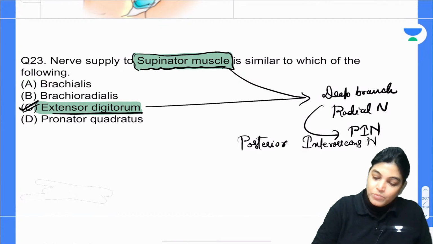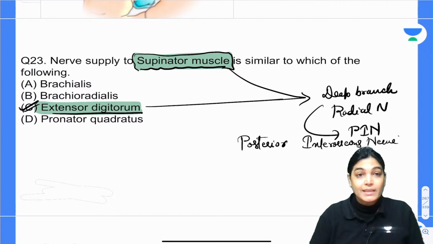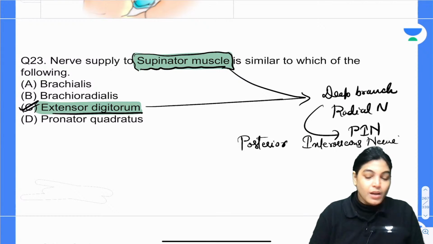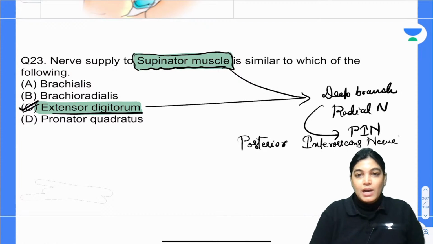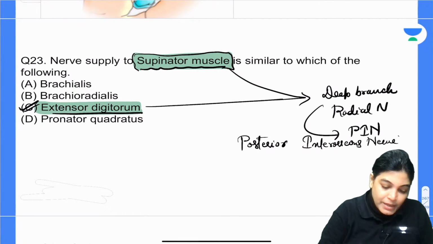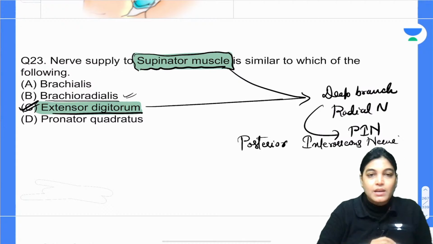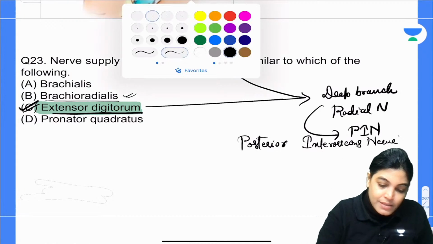My dear aspirants, it is important for you to note down that all the muscles of extensor compartment get innervation from posterior interosseous nerve except ECRL, that is extensor carpi radialis longus, and brachioradialis. Brachioradialis is also a muscle of extensor compartment, but it gets innervation from radial nerve.